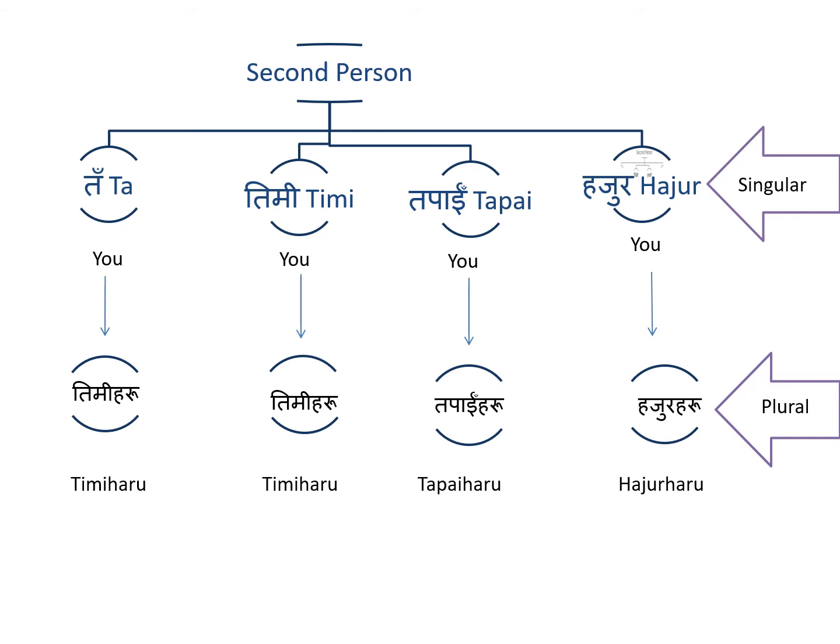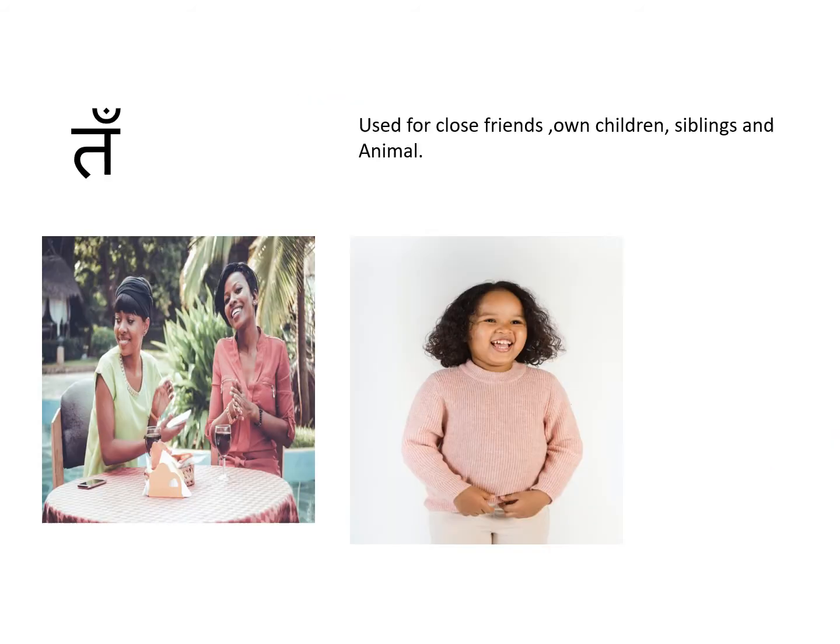So let's learn when and how to use these pronouns in detail. Ta, you in English. This is the casual form used for close friends, own siblings, own children and animals. I use it for my siblings, and sometimes when I get angry I use it for my cat. Many people use it and many people don't.